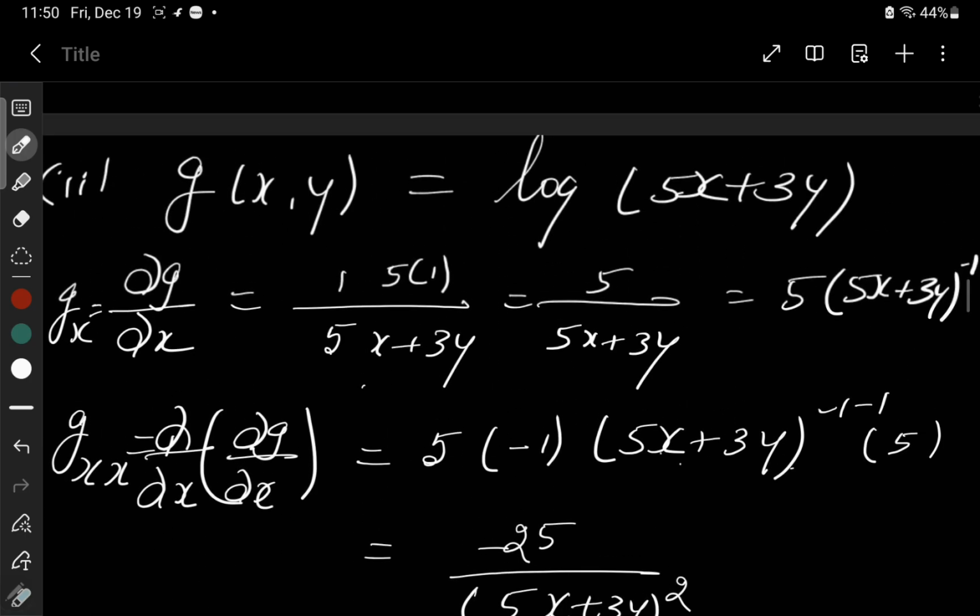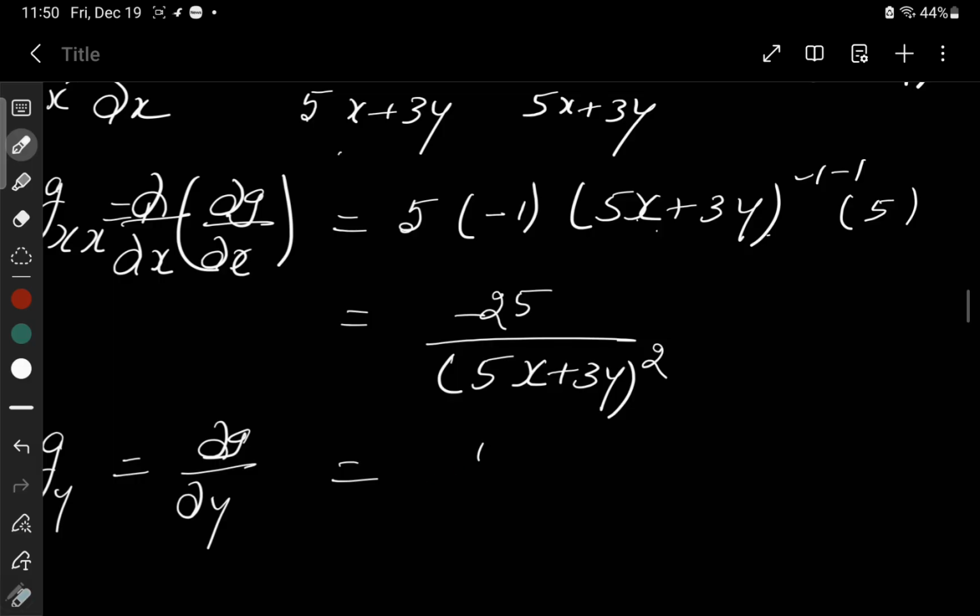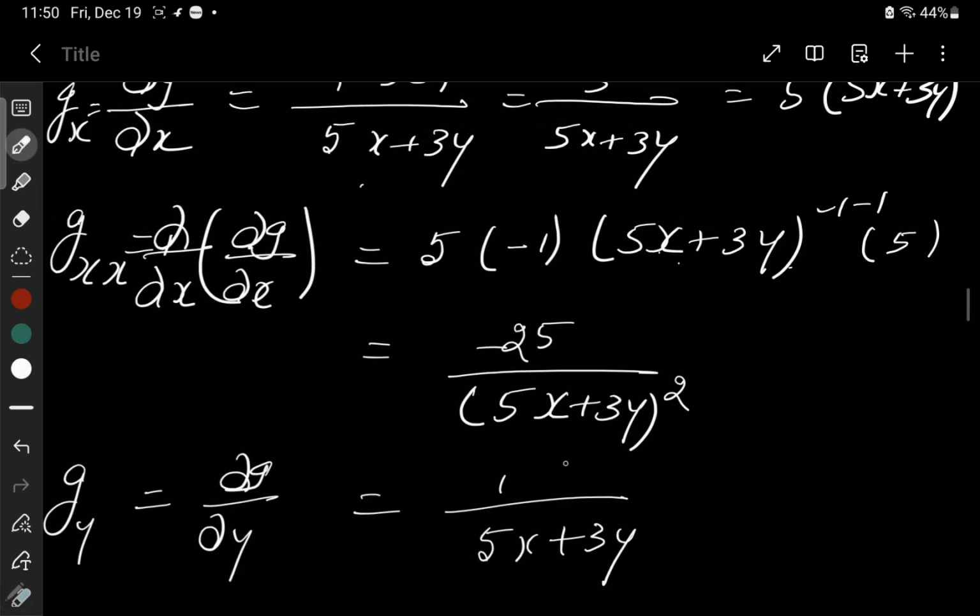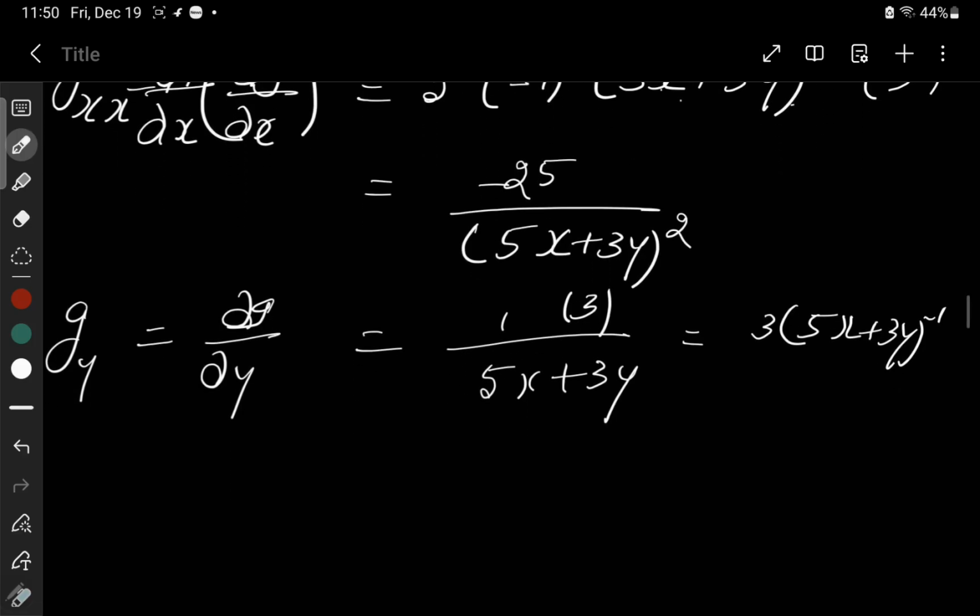So log of 5x plus 3y, that is 1 by 5x plus 3y, and the y term 3y has coefficient 3. So this is 3 into (5x plus 3y) the whole power minus 1. So this term we need for the next derivative. Next, gyy.